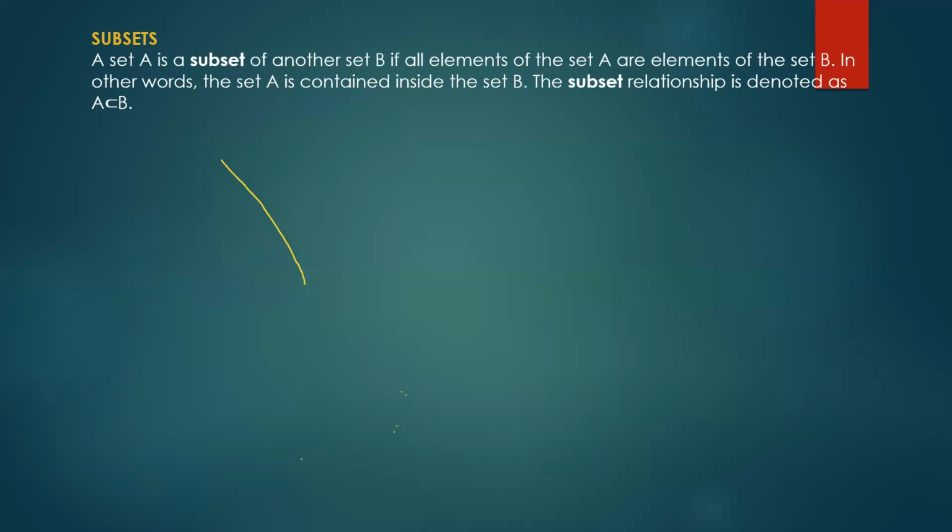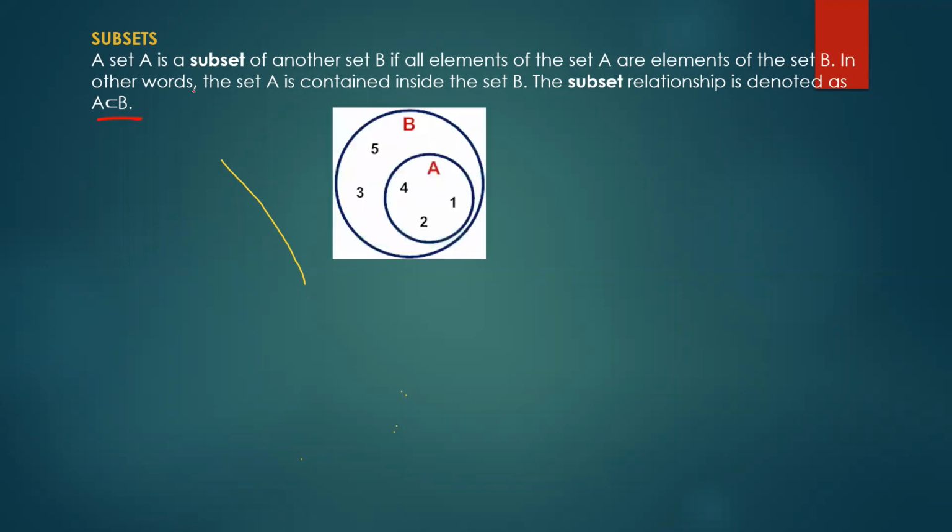All right, so what is a subset? A subset is simply a set of another set. That's the simplest definition. So they're saying here, if all elements of set A are elements of set B, in other words, set A is contained inside set B, the subset relationship is denoted as A subset of B. So these are simple and straightforward.